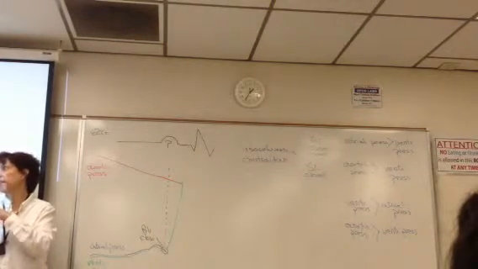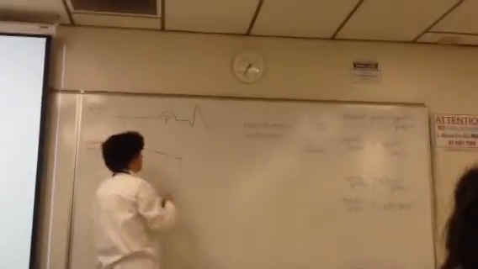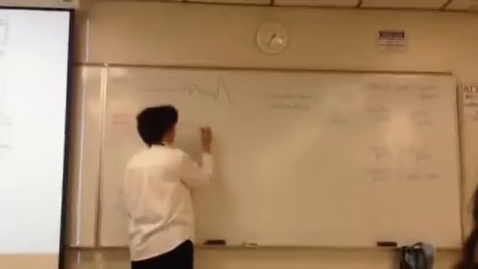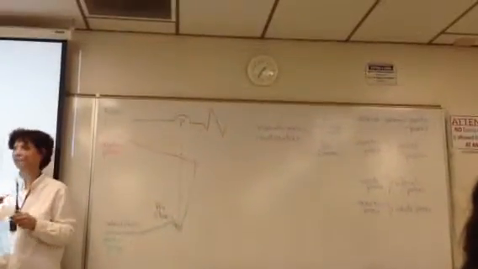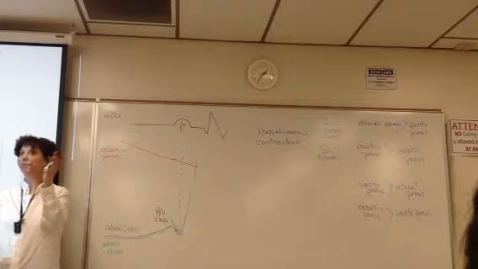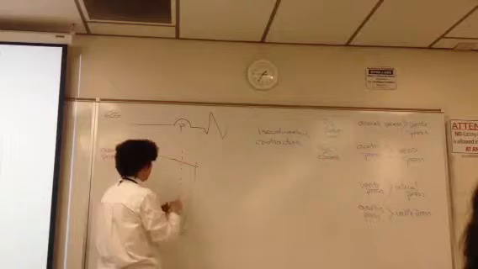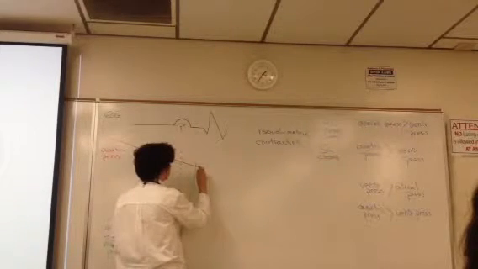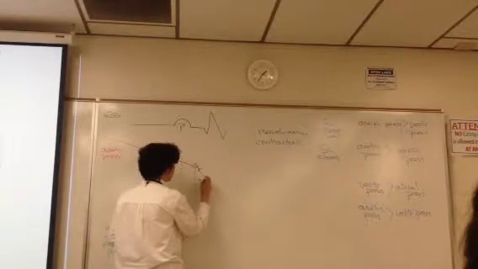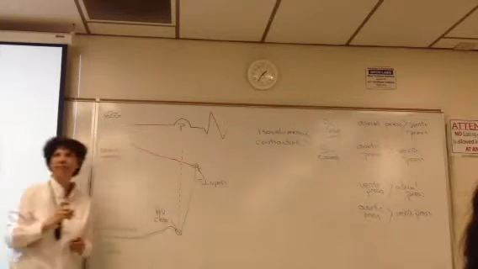Now the pulmonary trunk will be the same thing, but we're only going to talk about the aorta here. So as soon as the ventricular pressure is greater than aortic pressure, what's going to happen? It's going to push the semilunar valves open. So at this point, semilunar valves will open.